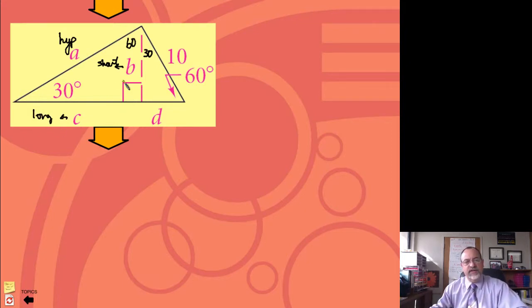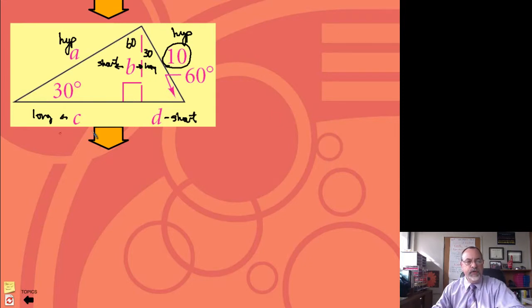Now, in the triangle that's on the right, this value of B, it's the same side. On this triangle, it ends up being the longer because it's opposite the 60. And D is the shorter because it's opposite the 30. And so the one value that they give me, this value 10, is the hypotenuse in this triangle that's on the right.